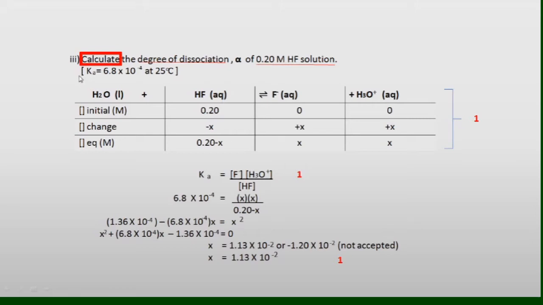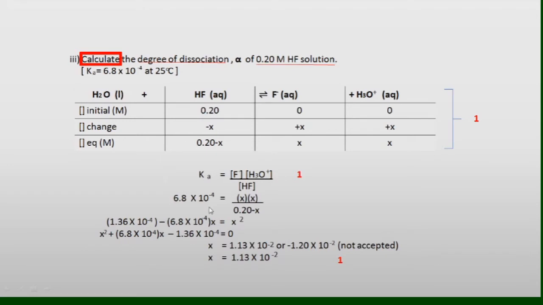So firstly, we need to do the ICE table. We ignore the H2O since it's a liquid, so we focus on the aqueous. So we substitute the value given, which is 0.2, into the ICE table. Then we use the formula of concentration of acid, which is products over reactants. We ignore the H2O since it's a liquid.